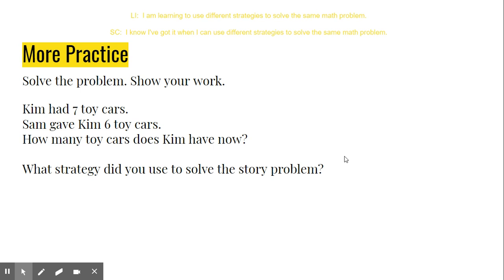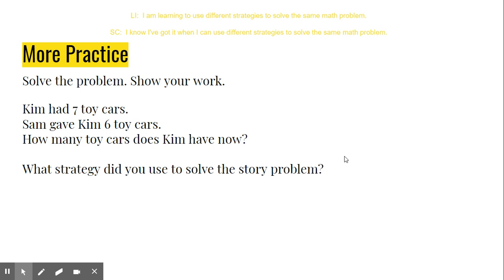Okay, here's the next story problem. Kim had 7 toy cars. Does that sound important to you? It does to me. How many toy cars does Kim have? 7. Sam gave Kim 6 toy cars. How many toy cars does Kim have now?